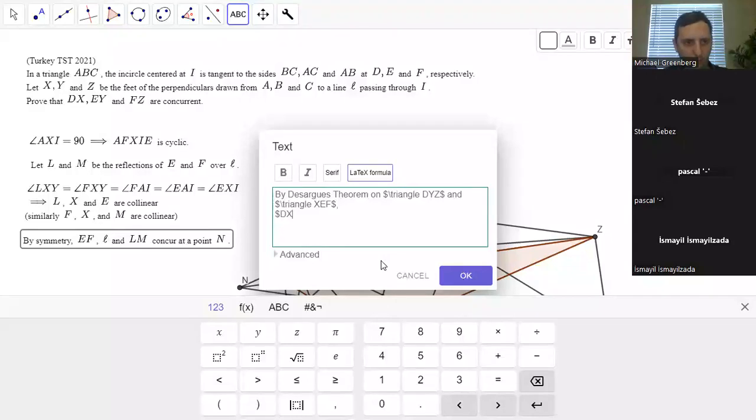So DX, EY, and FZ concur since N, L, and M concur.